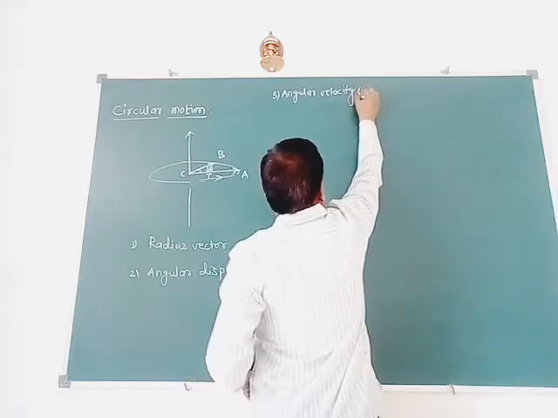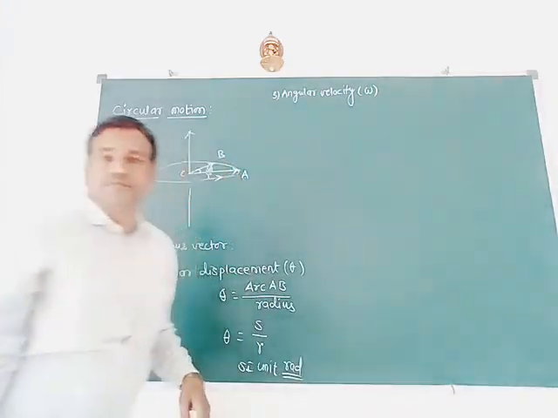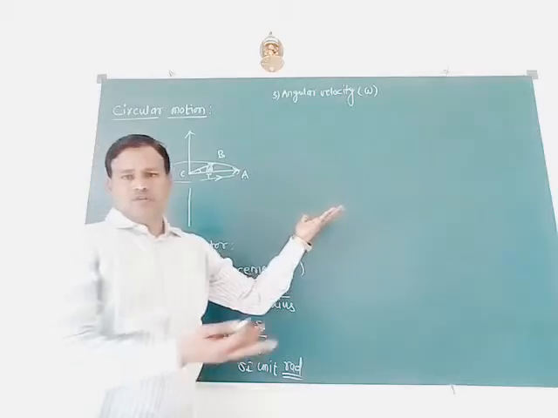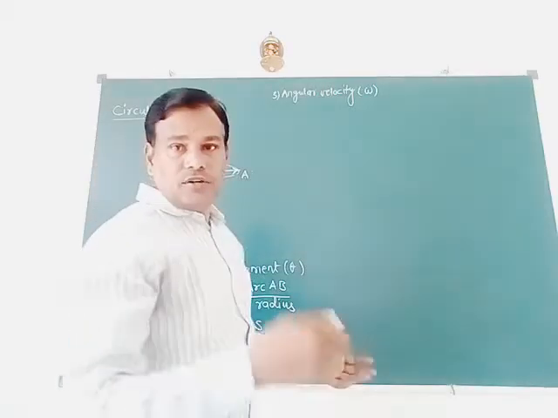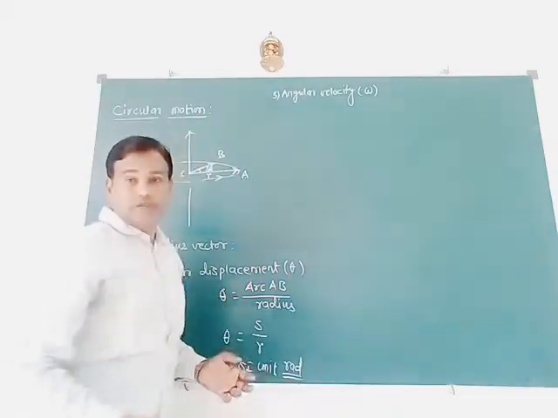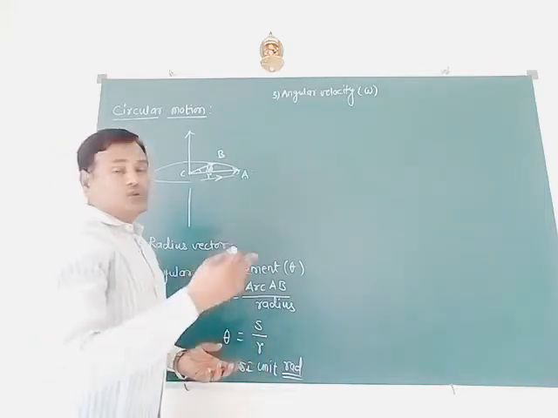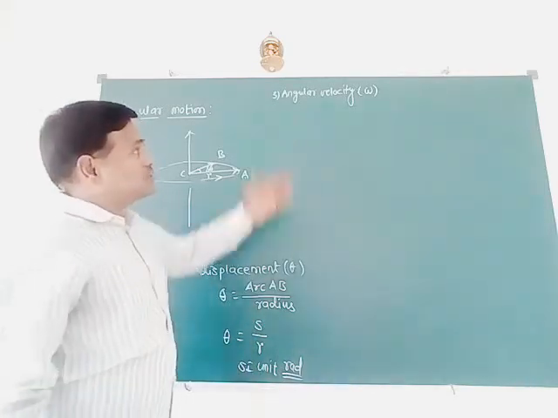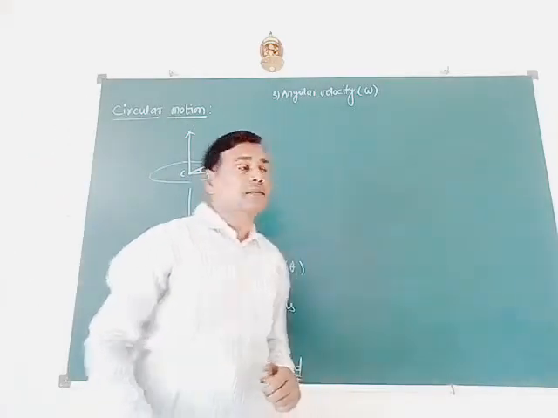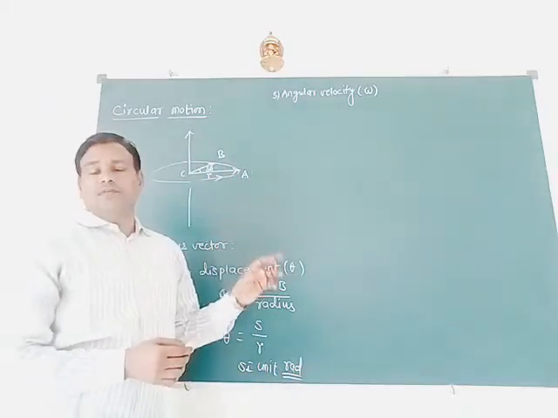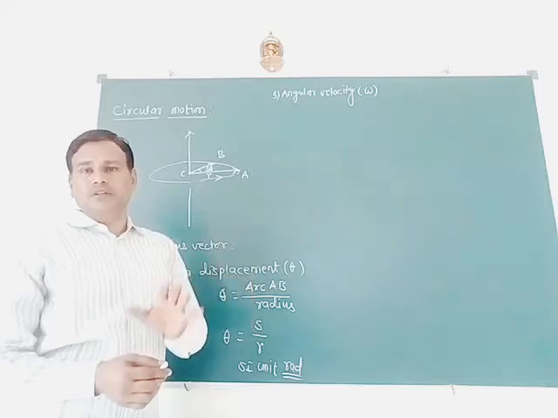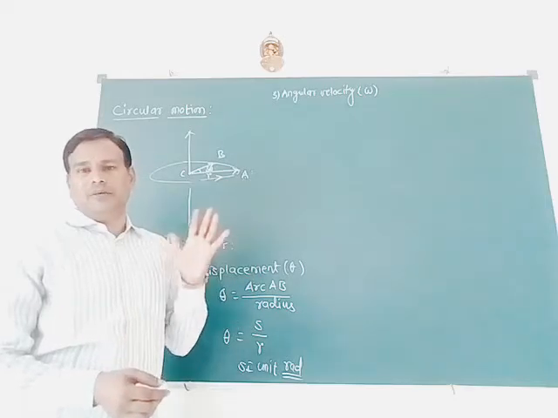The third concept we have to study here is angular velocity. It is represented by omega. As with linear velocity, which is the rate of change of linear displacement, instead of linear displacement we can use angular displacement here. The definition of angular velocity: it is the rate of change of angular displacement with respect to time.